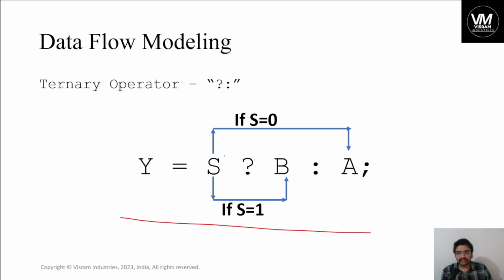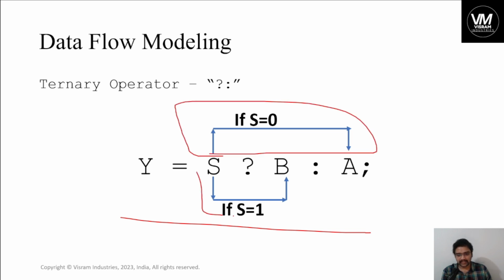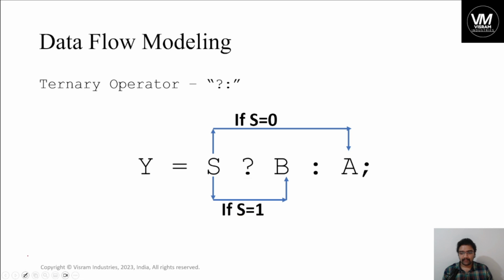Remember how it is represented. If S is equal to 0, A; you don't need to write this part. This is for your understanding and explanation. Ternary operators are also used in very complex programming, but they are very helpful in turning very complicated equations into easier ones. It is an ease of representation.